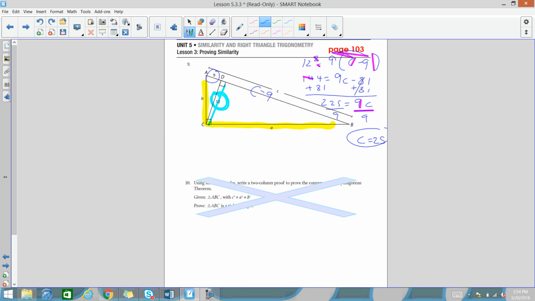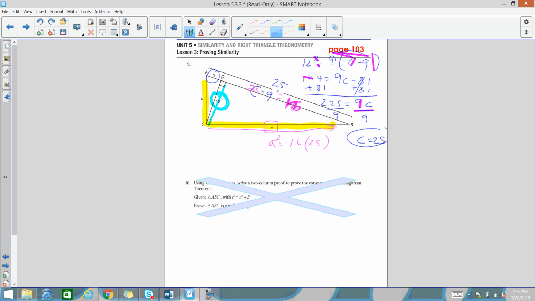C is 25. Now, along with finding C, I'm going to find what this other one is. So if I put 25 in here, 25 minus 9 is 16. So this short side right here, the short adjacent, is going to be 16, and I need that to find A. Now you could have found B, but I'm going to find A. So A, which is a leg, squared equals short adjacent, so 16, times the entire hypotenuse, 25.